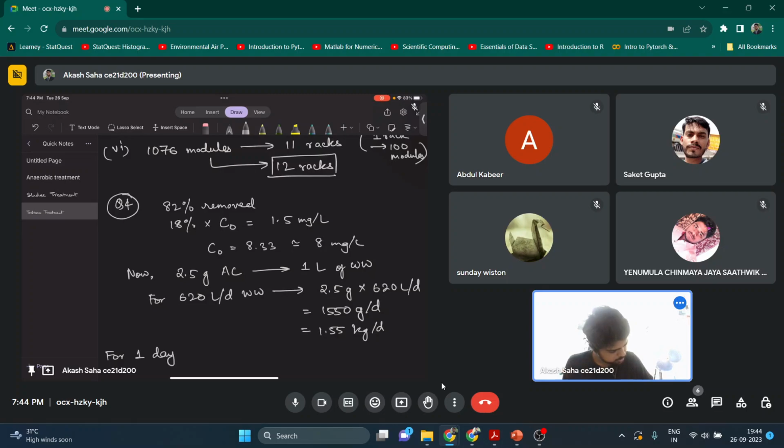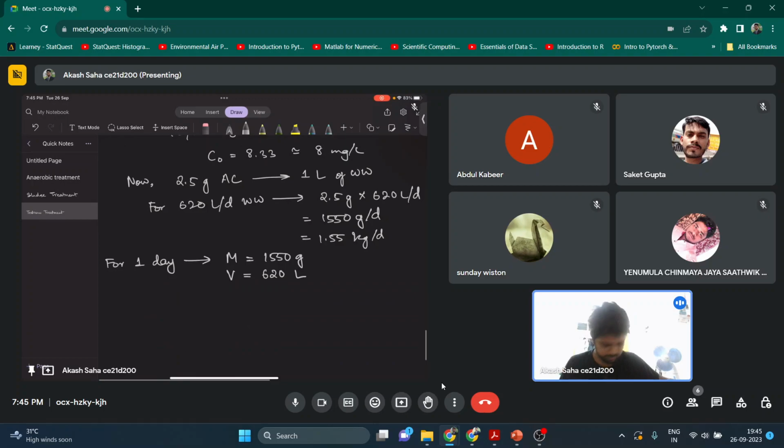So for 1 day of operation, the mass of the adsorbent M, the activated carbon, is 1550 gram, and the volume of treated water is 620 liters. Okay, so these are all the parameters.